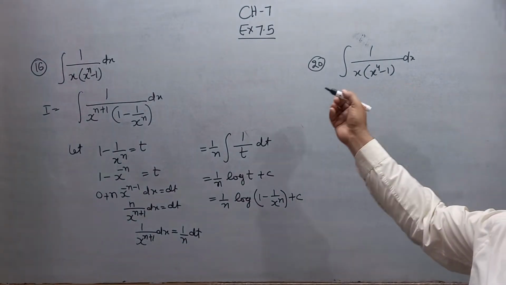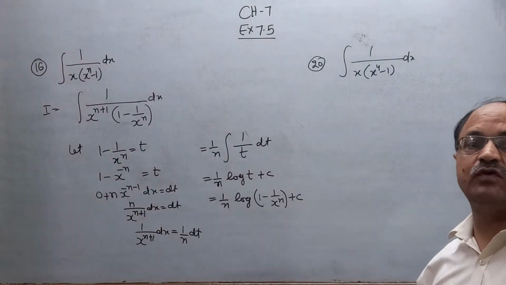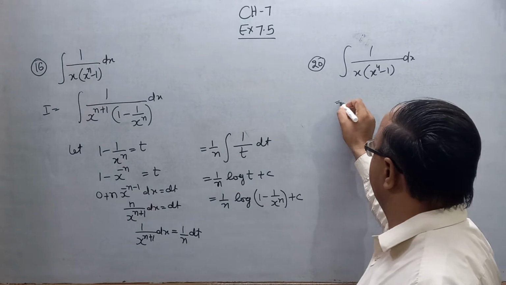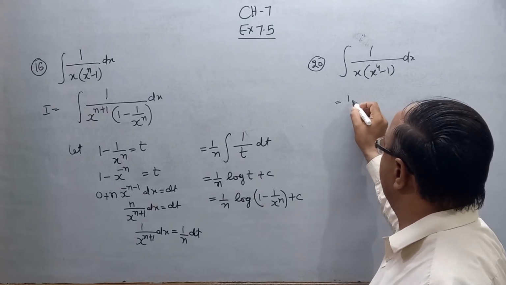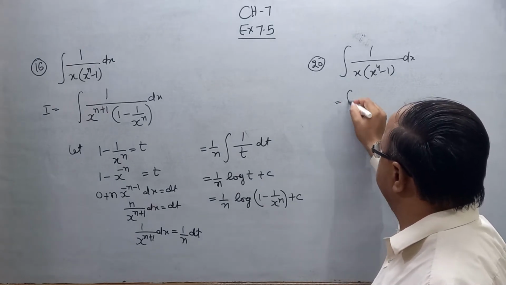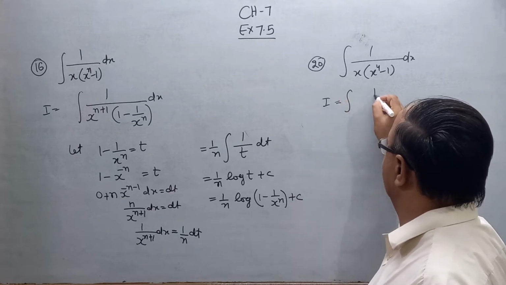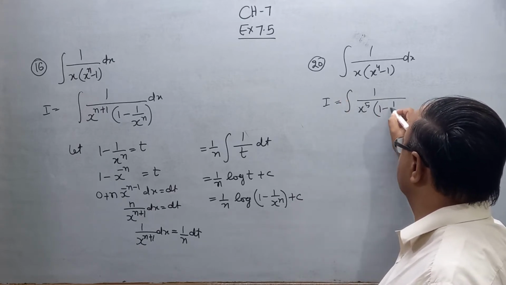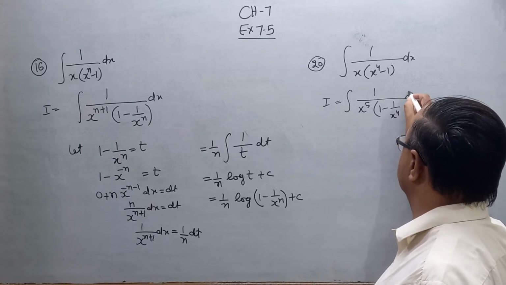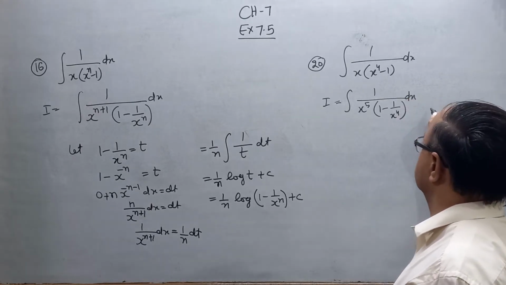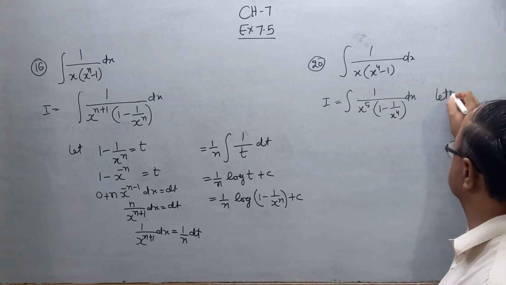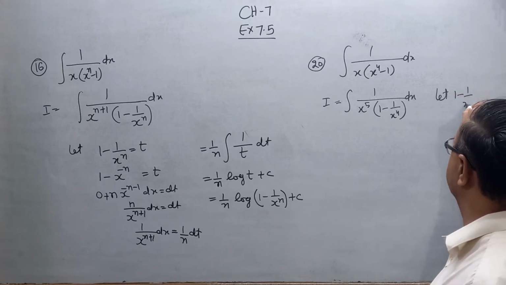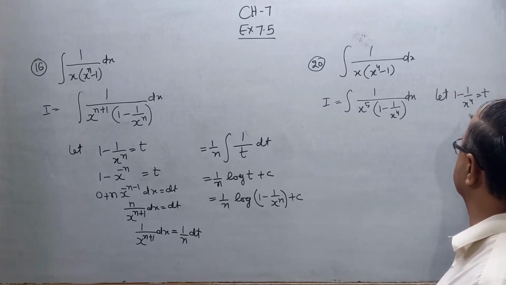And the same type, question number 20. In question number 20, take common x to the power 4. You can write 1 upon x to the power 5, 1 minus 1 by x to the power 4 dx. Now let 1 minus 1 by x to the power 4 be equal to t.